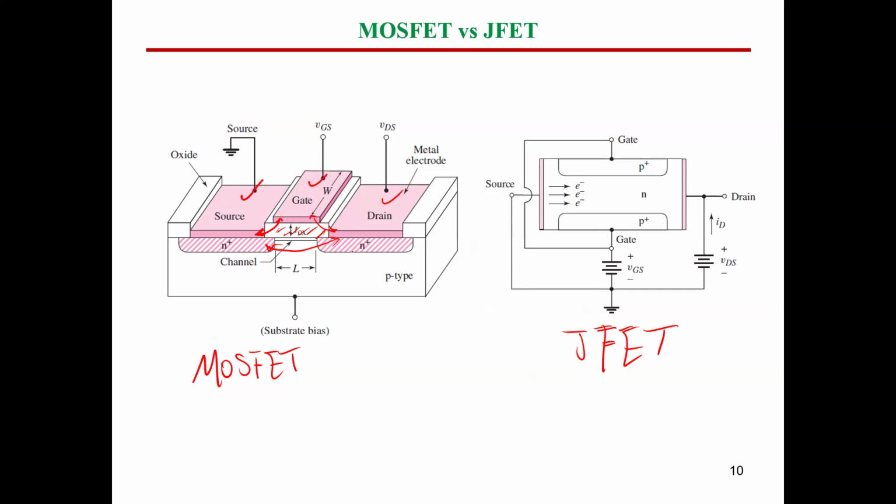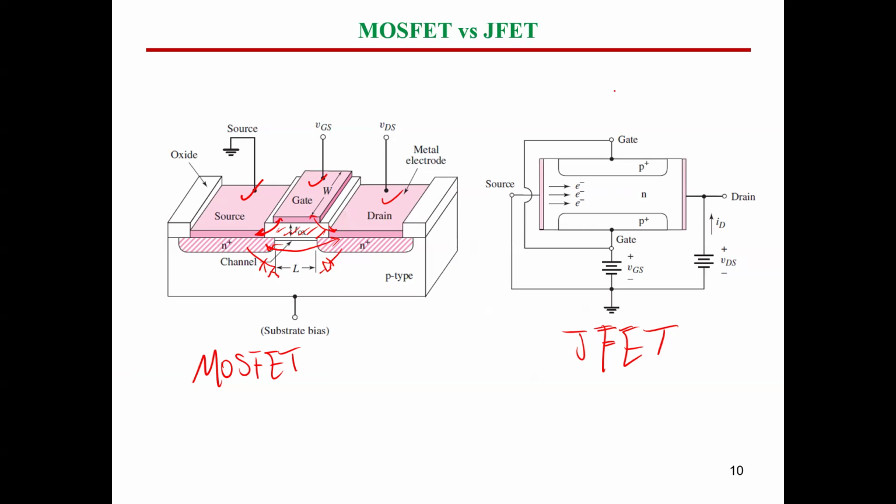Also, you have here N and P, so you have a diode here, and you have another diode here, correct? This is connected internally in the MOSFET. But in the JFET, we don't have the oxide material, the dielectric material, so we are missing the capacitance.